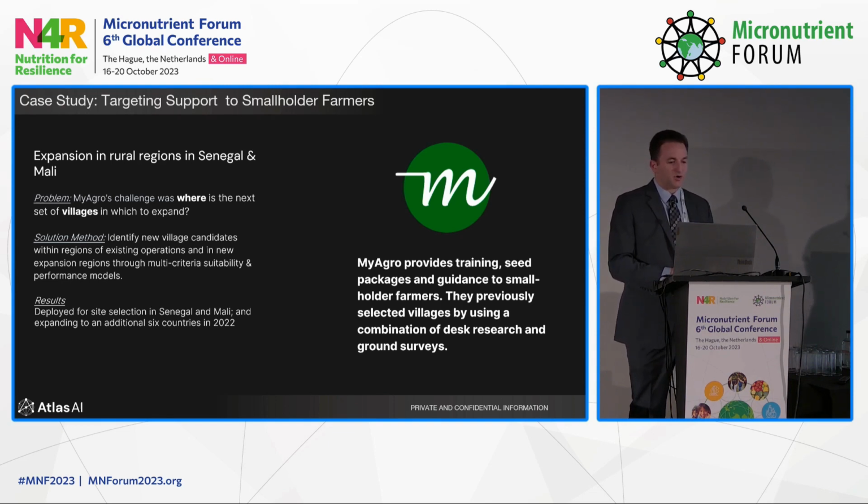To approach this work, we mapped all of the candidate villages that might be suitable for the expansion of MyAgro's programming and applied a multi-criteria analysis combining a range of different factors, including land use, climate, livelihoods data, density information, access data, to result in a unique predictor for MyAgro of village suitability for their program expansion purposes.